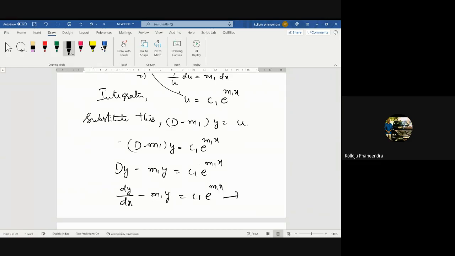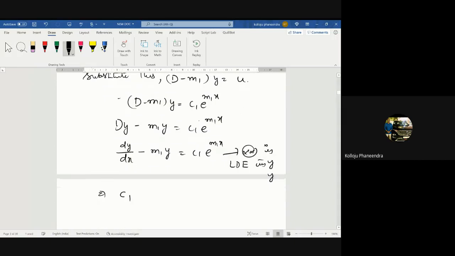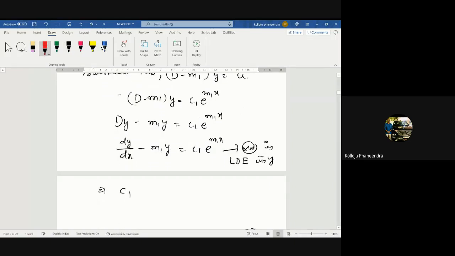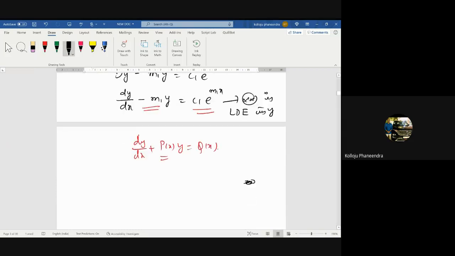This double star is a linear differential equation in y, isn't it? What is the linear differential equation form? dy by dx plus p of x into y equal to q of x. This is q of x, and p of x is minus m1. So what is the integrating factor?